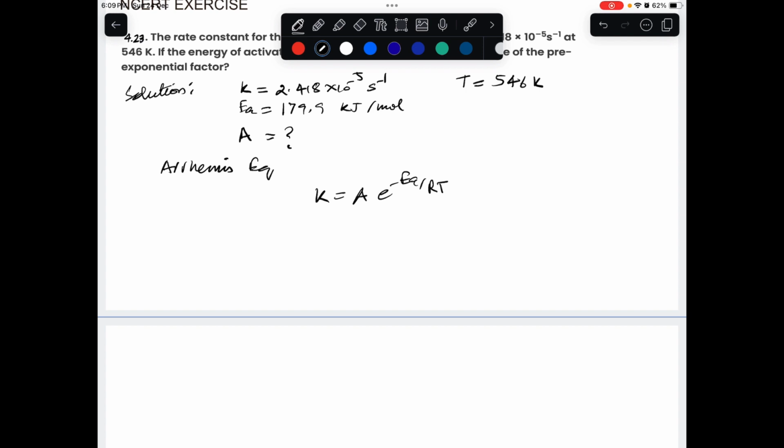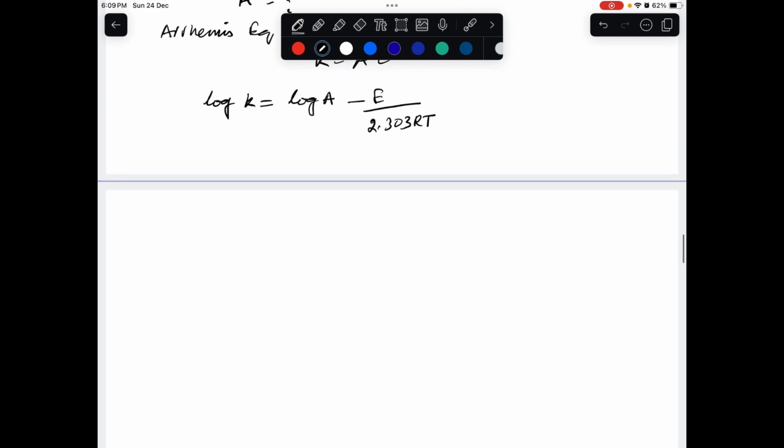If we take log to the base 10 of the whole equation, it can be written as log K is equal to log A minus EA divided by 2.303 RT.